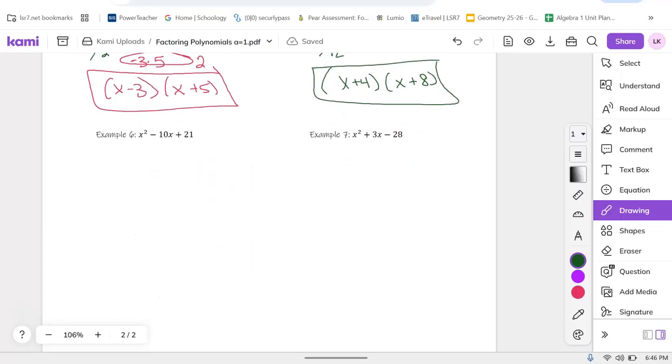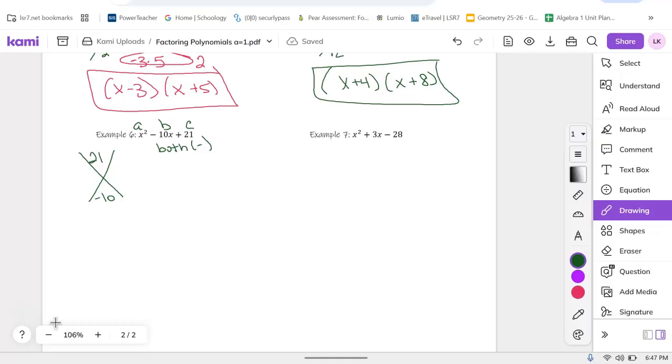Okay, I have x squared minus 10x plus 21. I cannot take anything out. There's not a GCF, so I'm going to label a, b, c. My c is 21, and my b is negative 10. Because my c is positive and my b is negative, both will be negative.